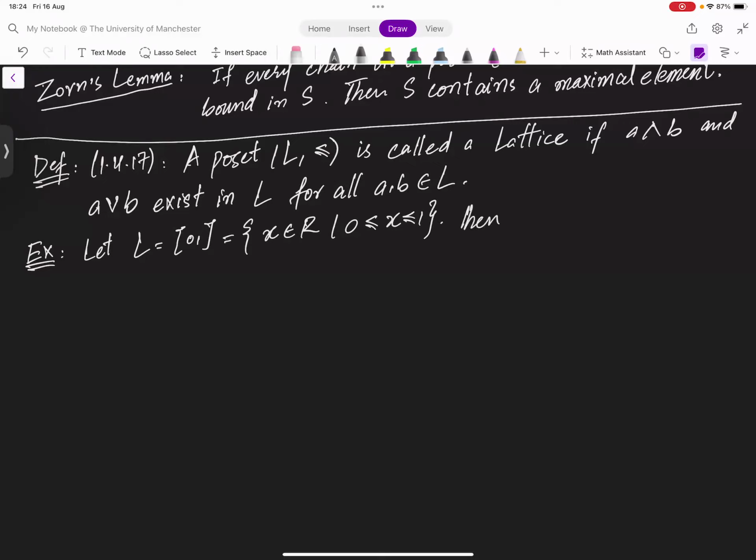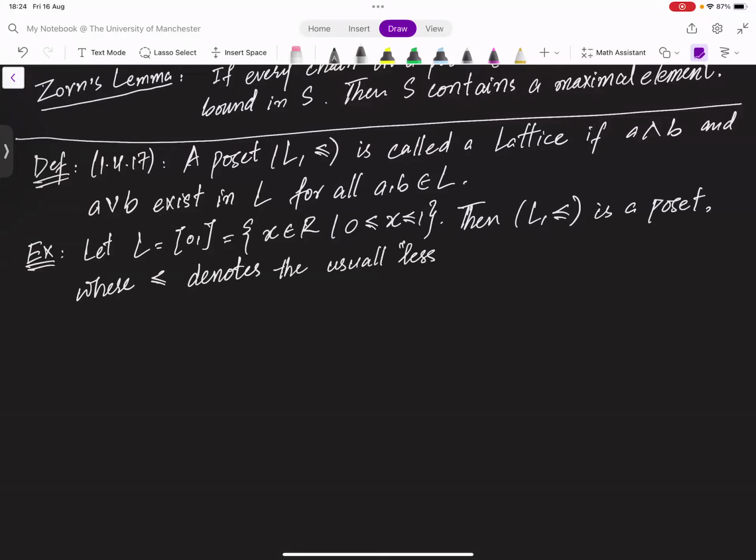Then this is a poset, where this denotes the usual less than or equal to relation.